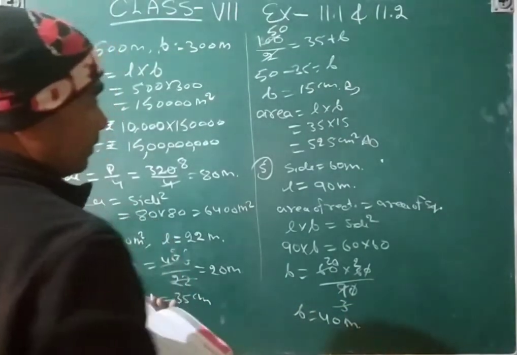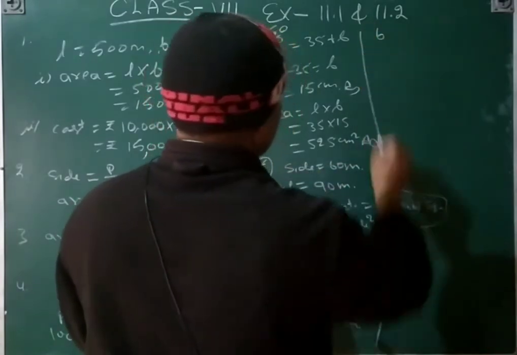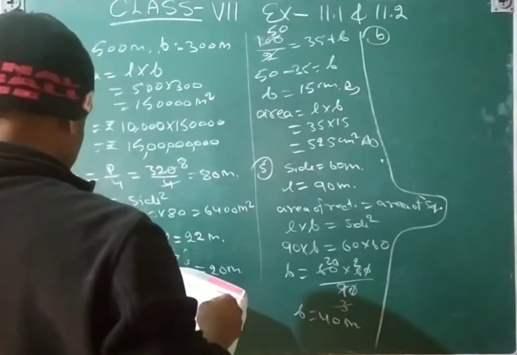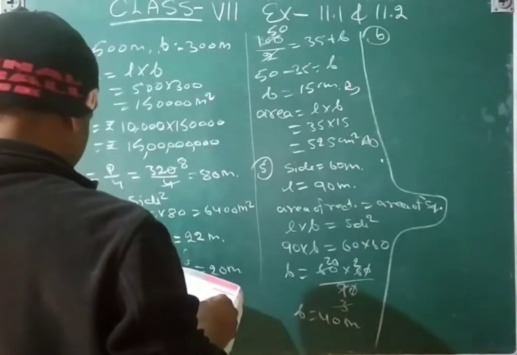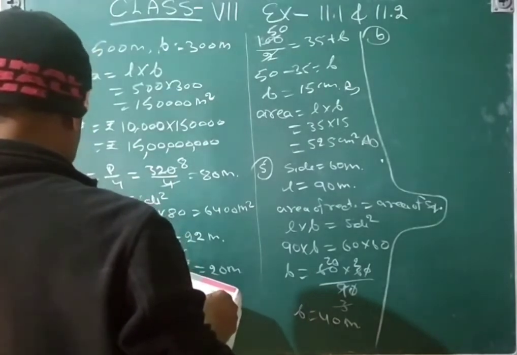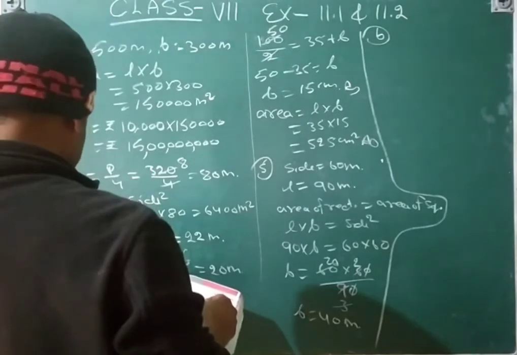Then sixth question. Sixth question is that a wire in the shape of a rectangle has length 40 and breadth 22. If the same wire is rewound in the shape of a square, what will be the measure of each side?